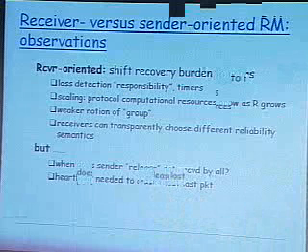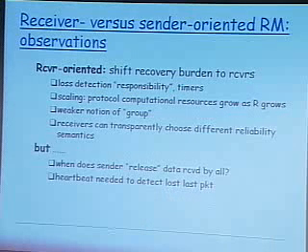Right? Sender has to keep the data in its buffer ready to transmit. When does it take that data out from the buffer? That is an important issue that has to be addressed. Because when does it know that everyone has received the data?